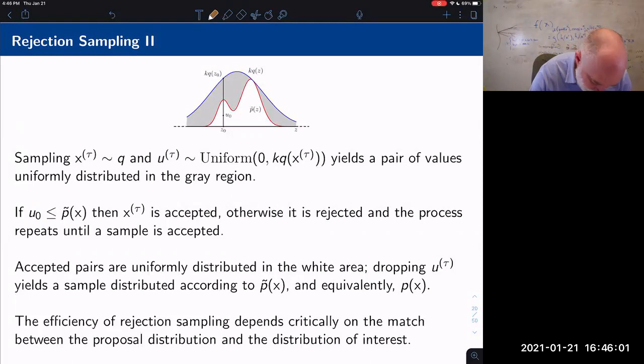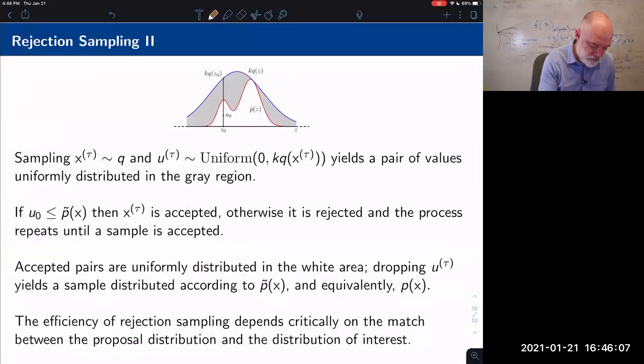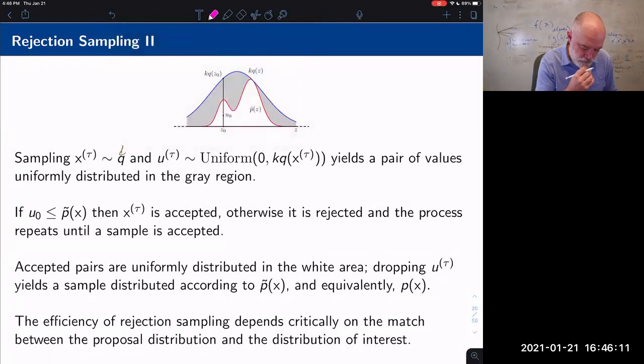So we've got our proposal distribution Q. We're going to draw a sample from Q. Let's say the blue line is Q, and here's x tau.